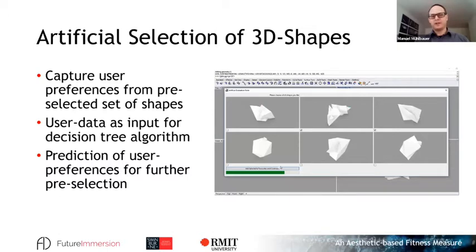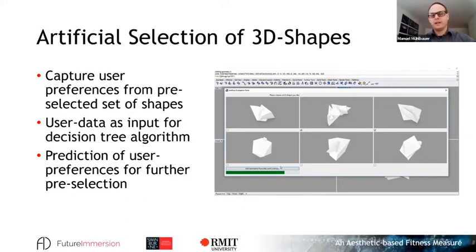During the process, the designer then has the option to select different shapes in an interactive interface. It always shows 6 design solutions to the user, as long as they are available in the pool. If there are too many similar solutions, then it might happen that there are less, but usually the 6 solutions are there as a pre-selected set of shapes for the designer.